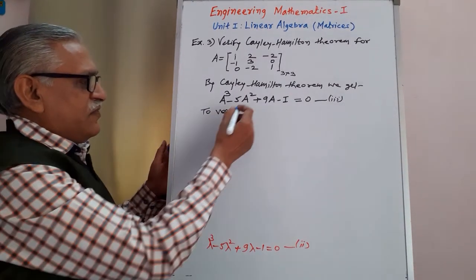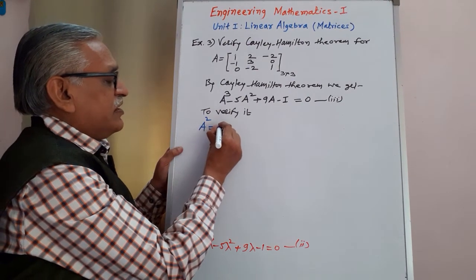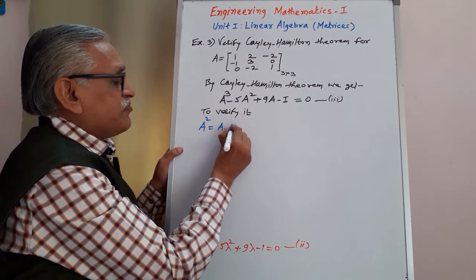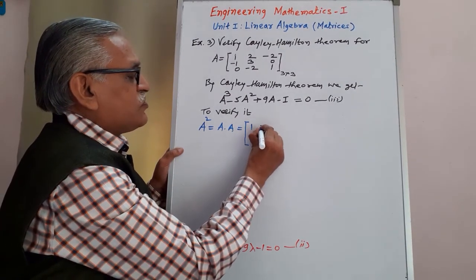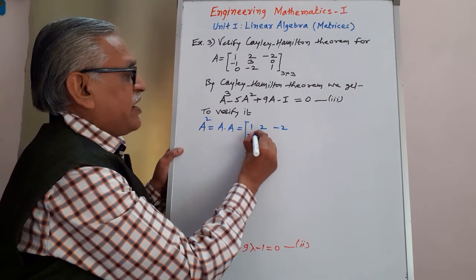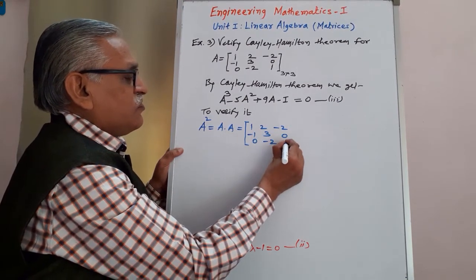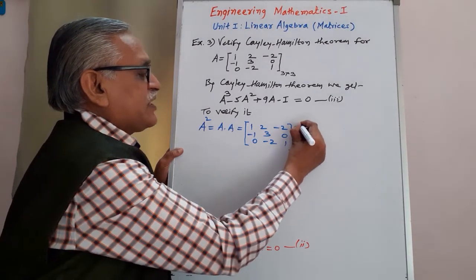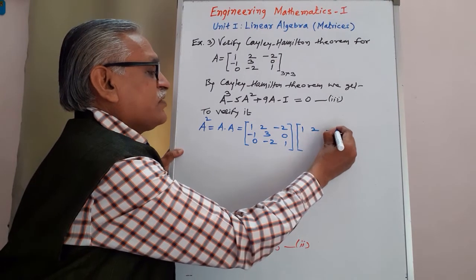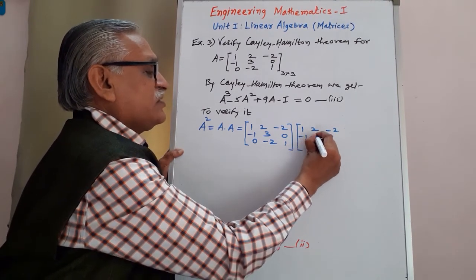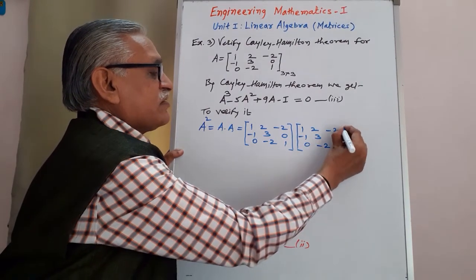Therefore, first of all, I will calculate matrix A square. It is matrix A into matrix A. That matrix A is with elements 1, 2, minus 2, minus 1, 3, 0, 0, minus 2, 1, and it is multiplied by the same matrix 1, 2, minus 2, minus 1, 3, 0, 0, minus 2, 1.